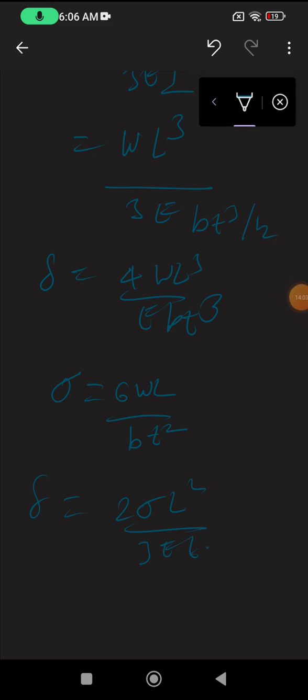It may be noted that due to bending moment, top fibers will be in tension and the bottom fibers in compression, but shear stress is zero at the extreme ends and maximum at the center.